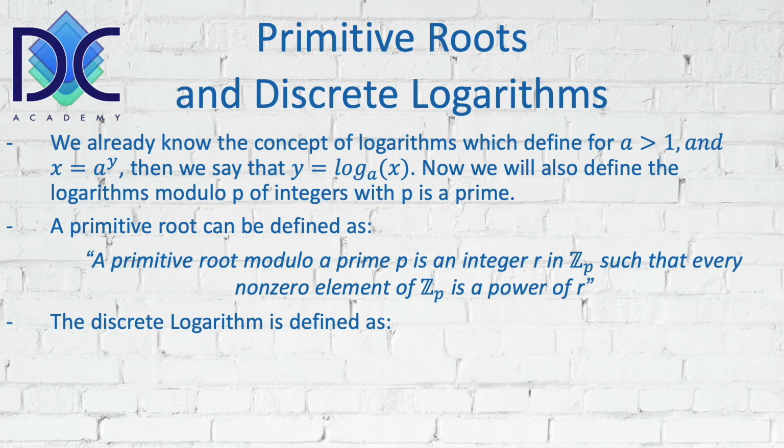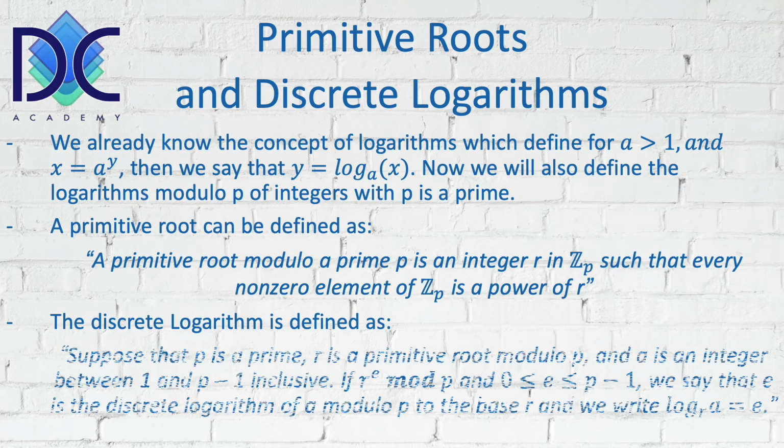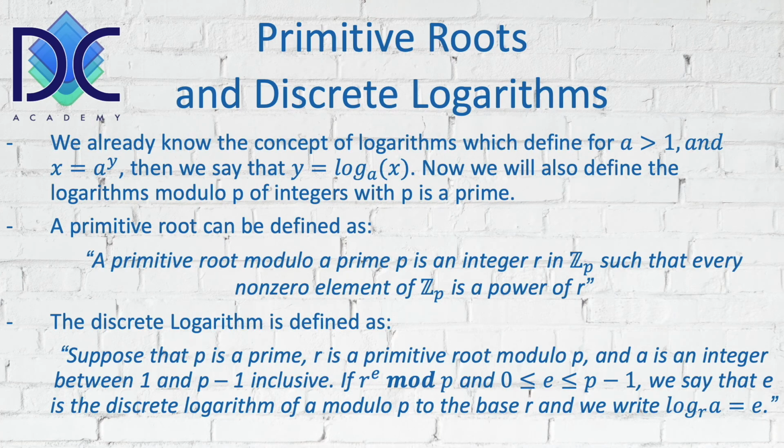Second, we can define the discrete logarithm. Let's suppose that p is a prime, r is a primitive root modulo p, and a is an integer between 1 and p minus 1 inclusive.